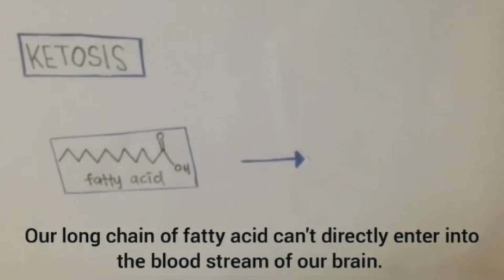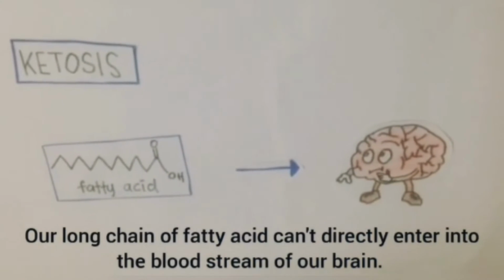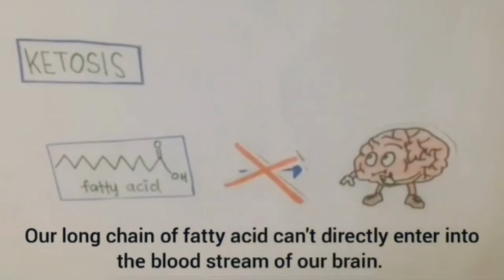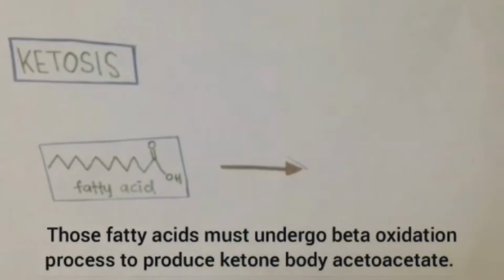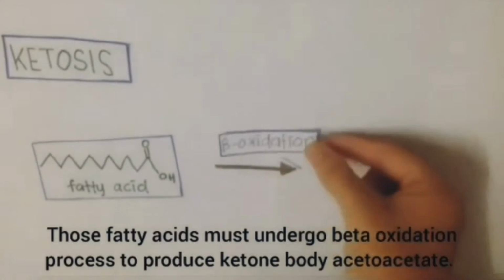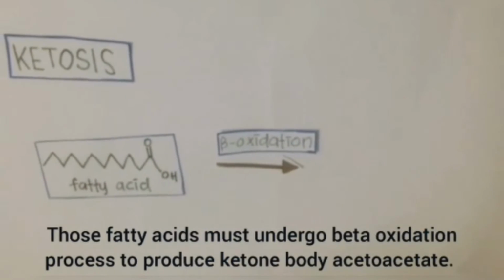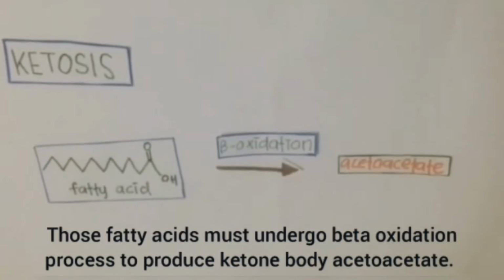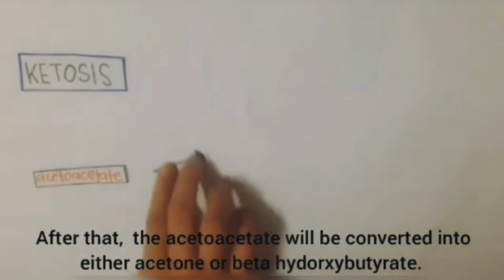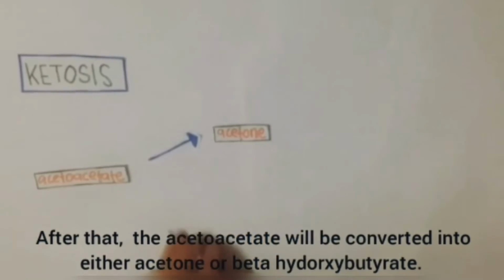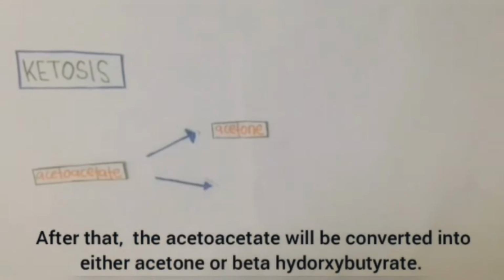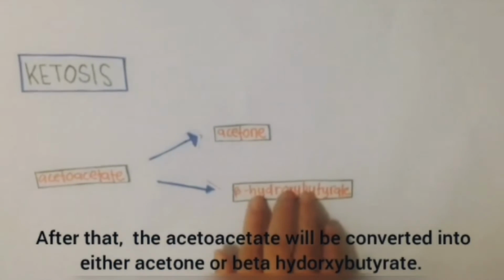Our long chain fatty acid can directly enter into the bloodstream of our brain. Those fatty acids must undergo the beta oxidation process to produce the ketone body acetoacetate. After that, the acetoacetate will be converted into either acetone or beta-hydroxybutyrate.